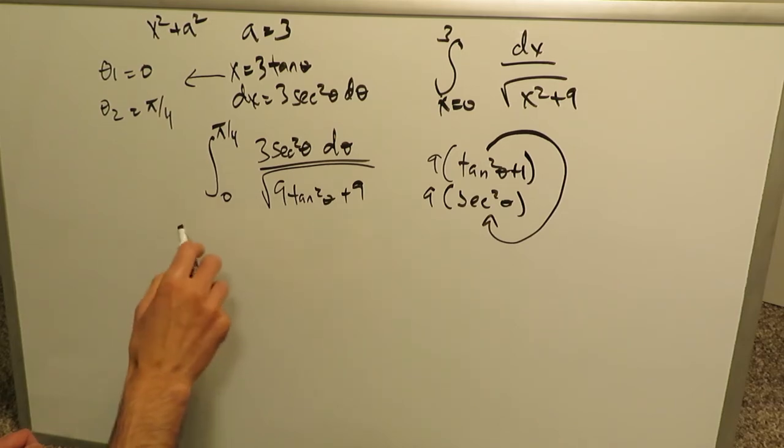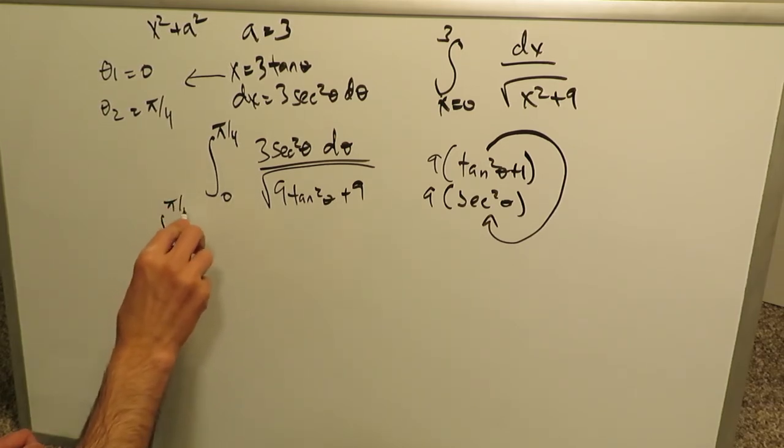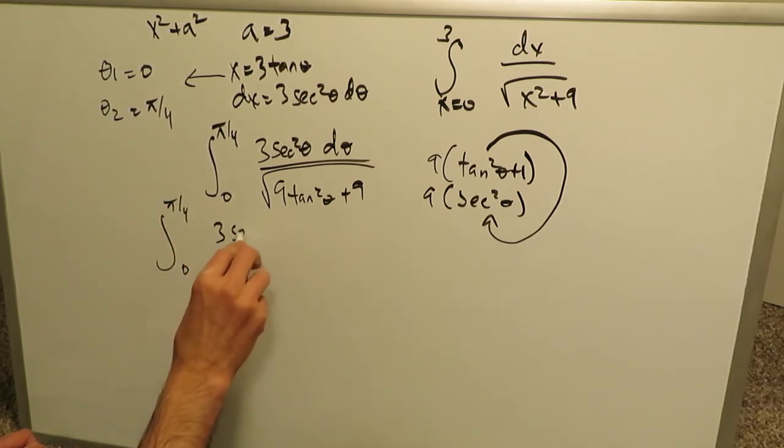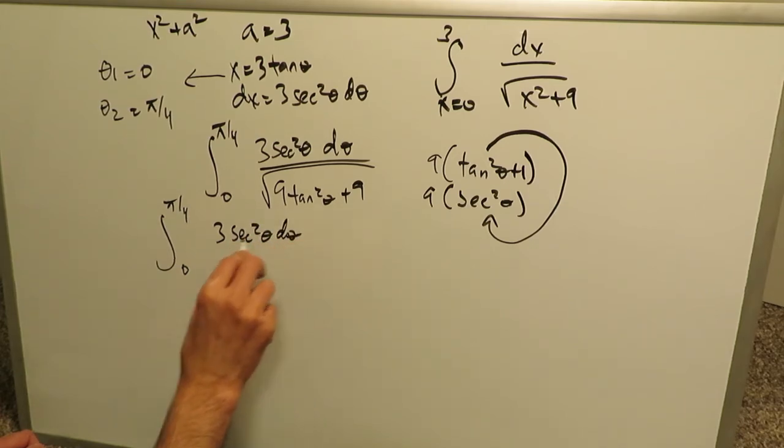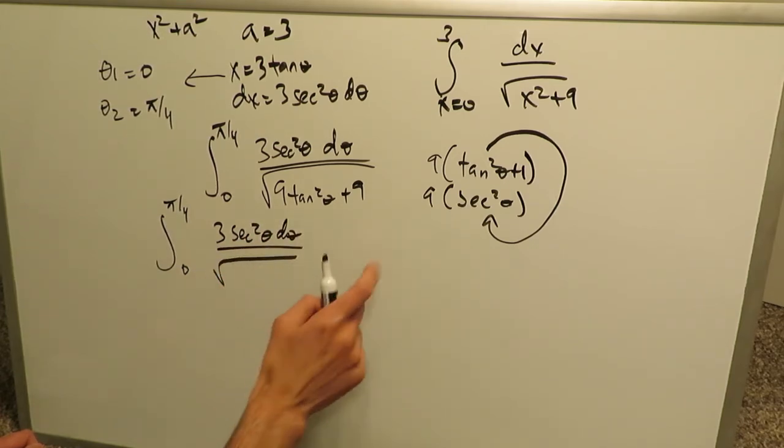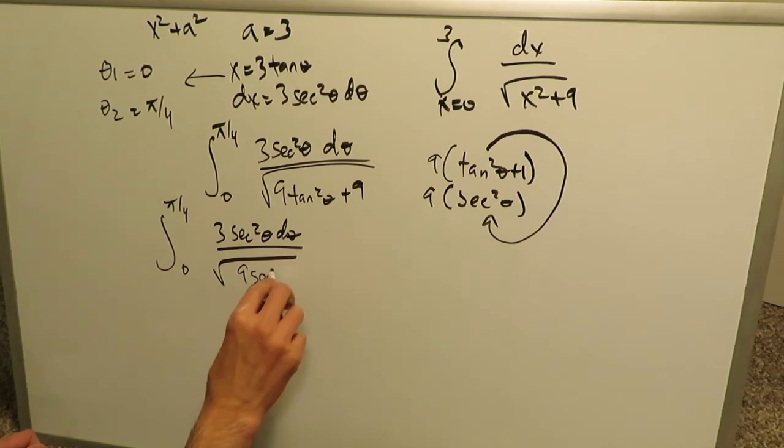And that is what you plug in over here. Pi over 4, 0, you have 3 secant square theta d theta over the square root of 9 secant square theta. Perfect squares over here, perfect roots can be obtained.